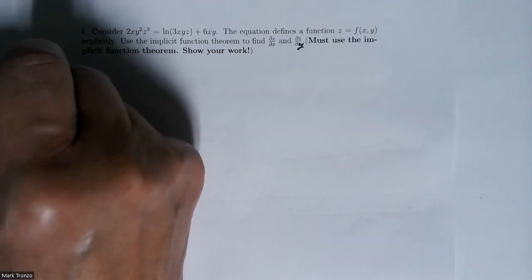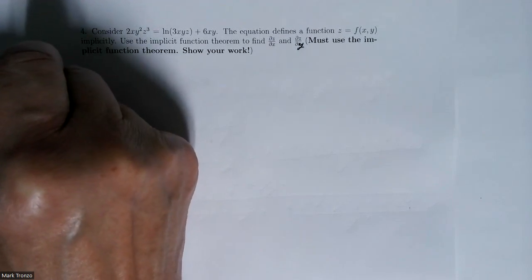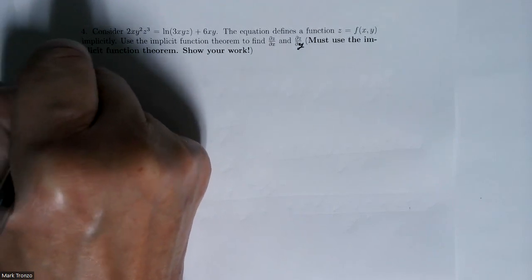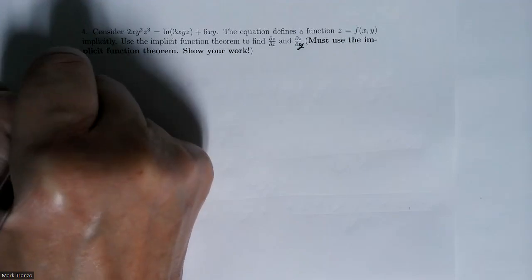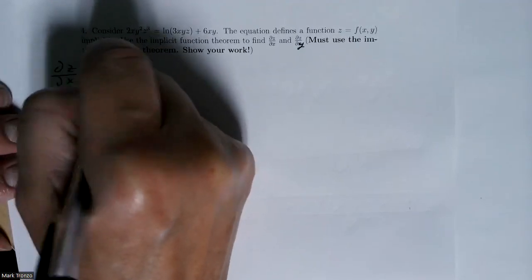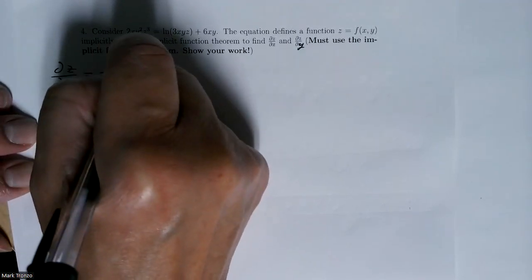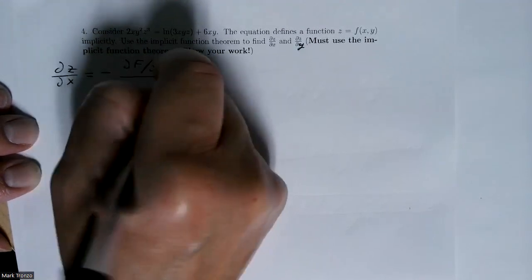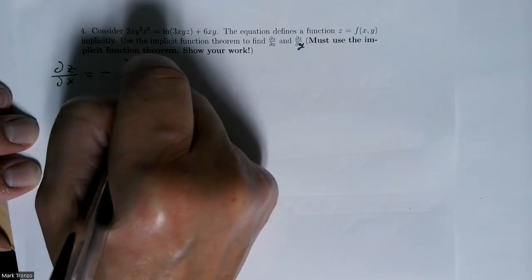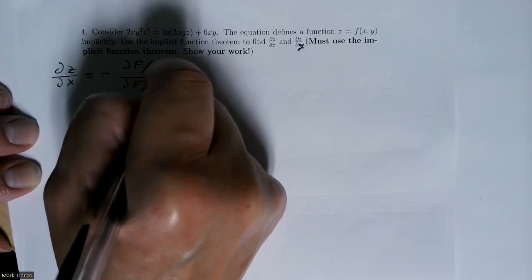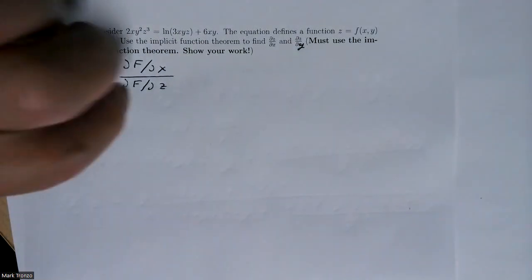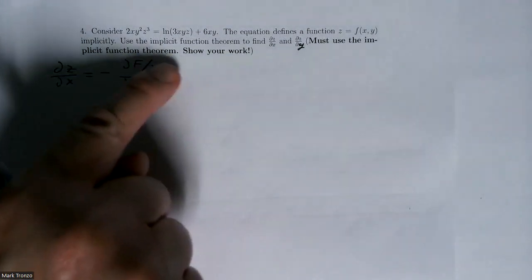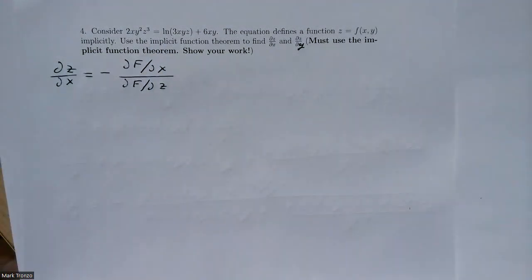So once again, keep in mind what we want. We want dz/dx, which means we're going to have negative df/dx over df/dz. And again, use your memory tool: if you were able to multiply, the delta f's would cancel, so to speak.